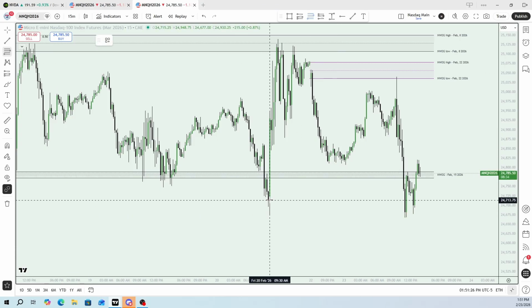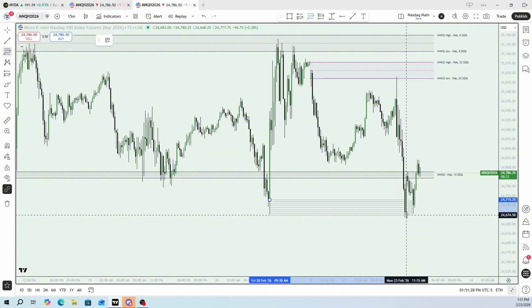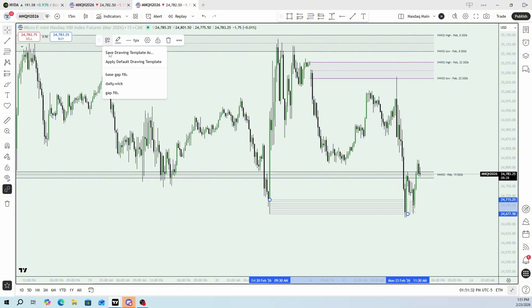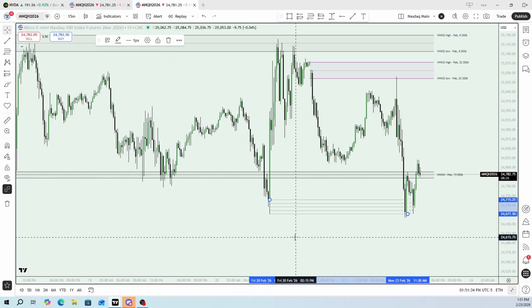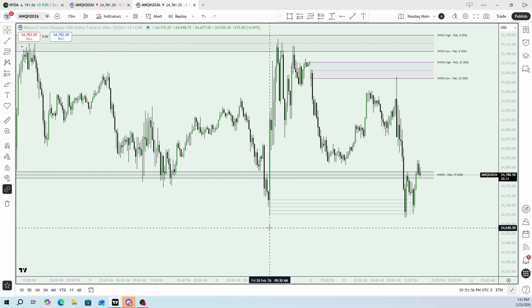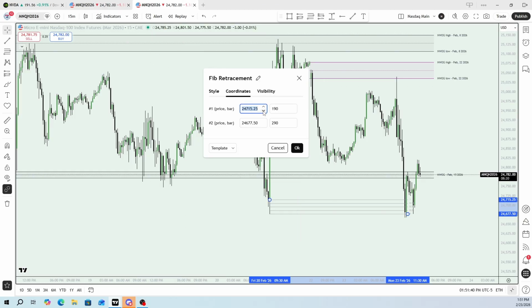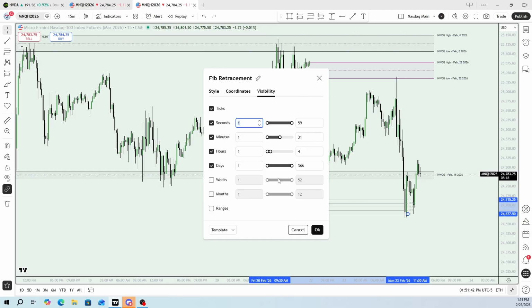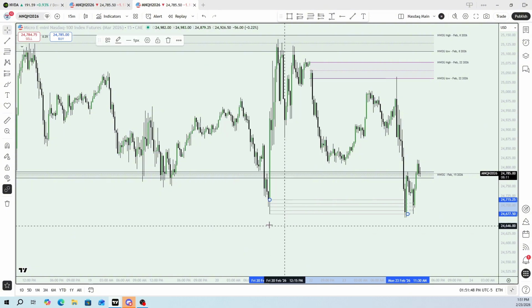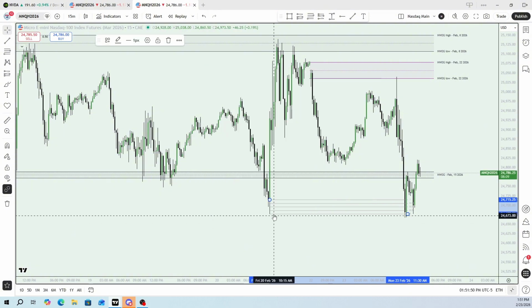So really, what we can do with this low is we can grade it. We can calibrate it. 7:15.25 is the open. Visibility, I don't really want it on all of those. Let's just go there. And then the low comes in at 96.25.